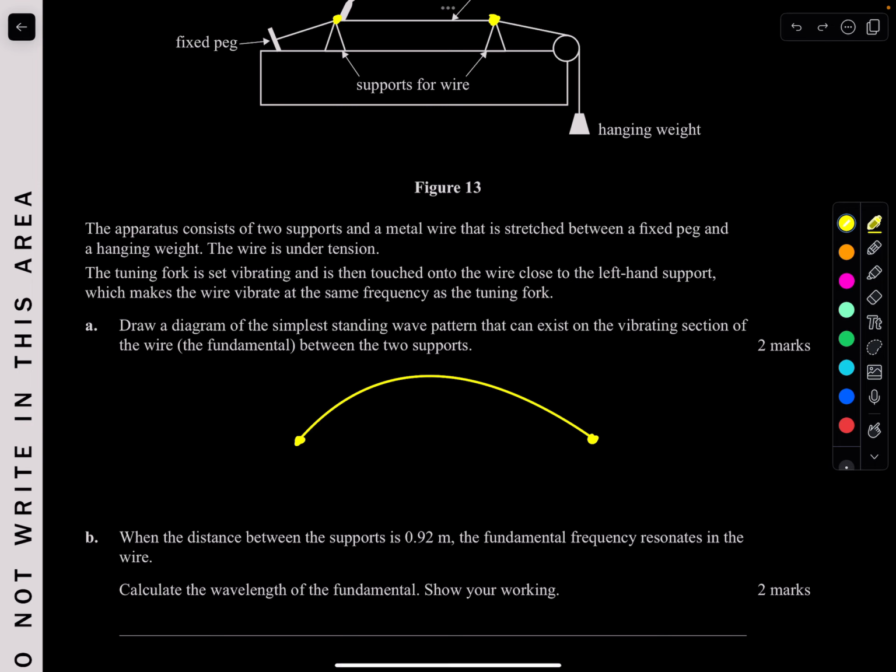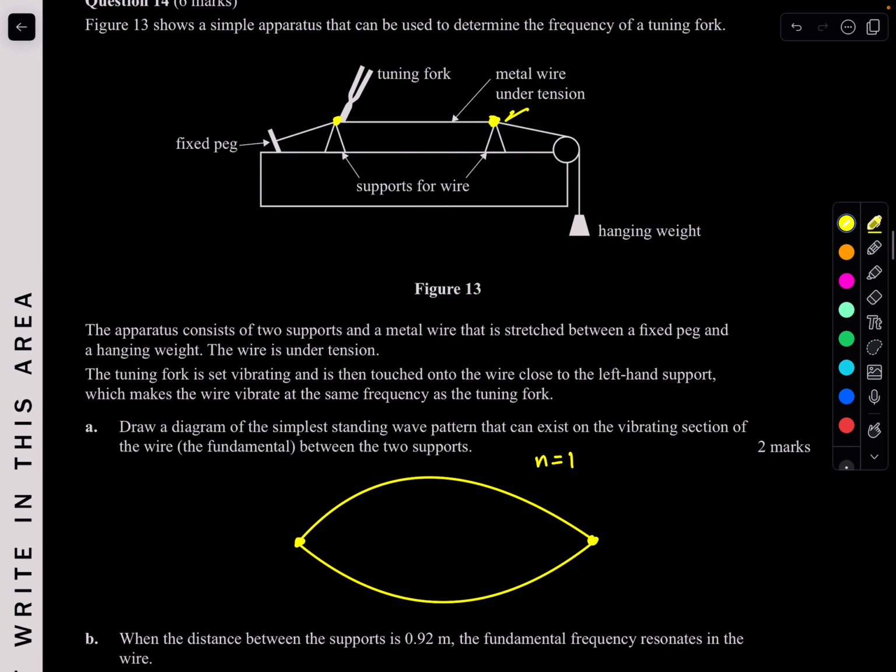That's what the fundamental wave looks like, where n equals 1. So these here are closed, and having a look at my formula sheet, when you have two fixed ends, that's how it should look.